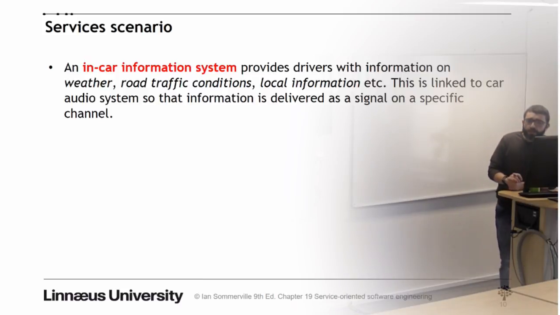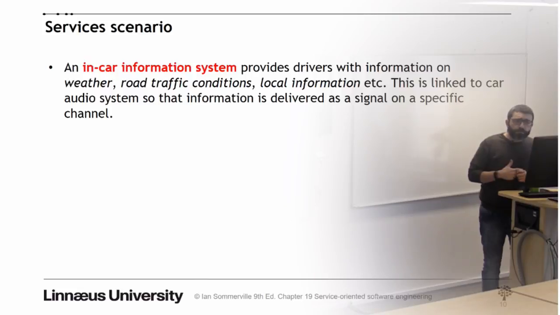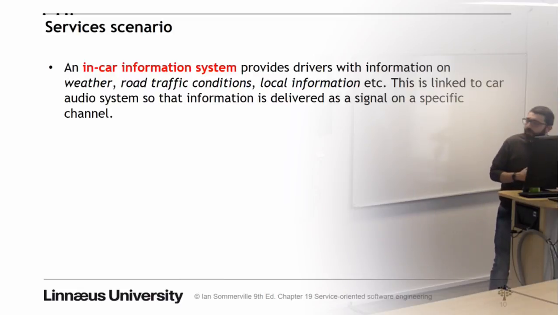Okay. This information system is then linked to the car audio system, and whenever you retrieve information, it is delivered as a signal on a specific channel. So the car system can speak the type of information that it is downloading.